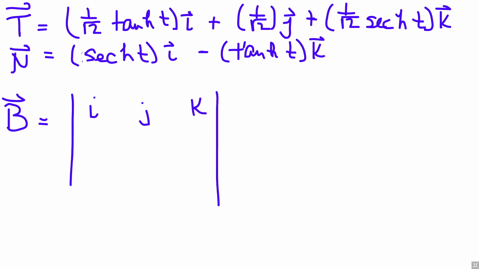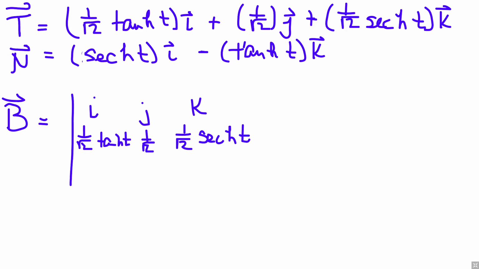For the first row, we have 1 over the square root of 2 tangent hyperbolic t, 1 over the square root of 2, and 1 over the square root of 2 secant hyperbolic of t. For the last row, we have secant hyperbolic of t, 0, and negative tangent hyperbolic of t.